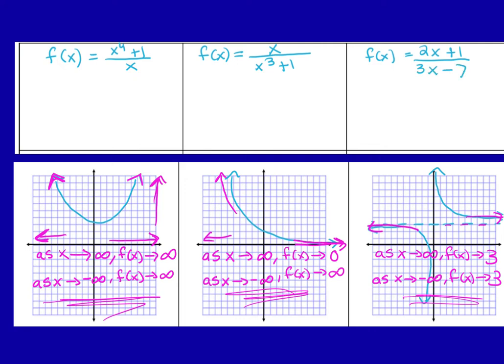The first thing I want you to notice are the degrees. In the first one, I have a higher degree in my numerator than in my denominator. The second one is opposite. I have a higher degree in my denominator than in my numerator. And the last one, they have the same degree. That is the information we're looking for to describe our end behavior.